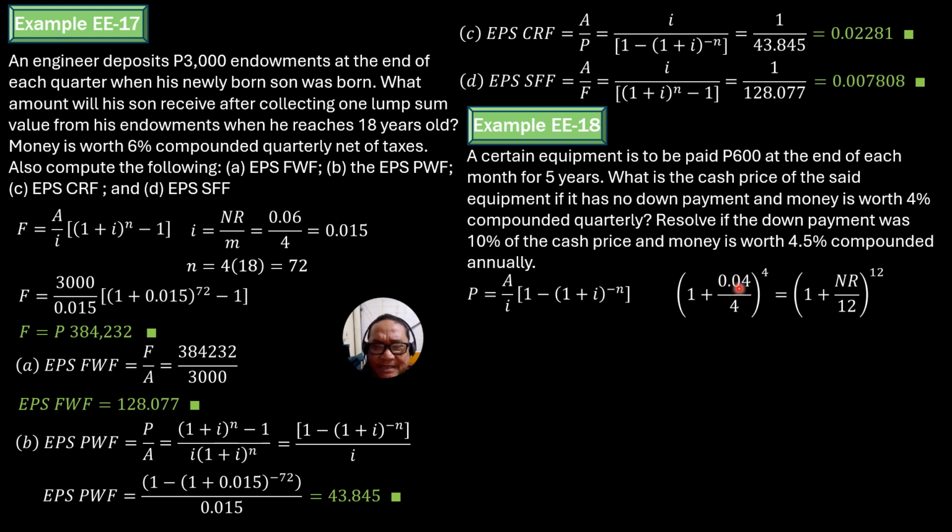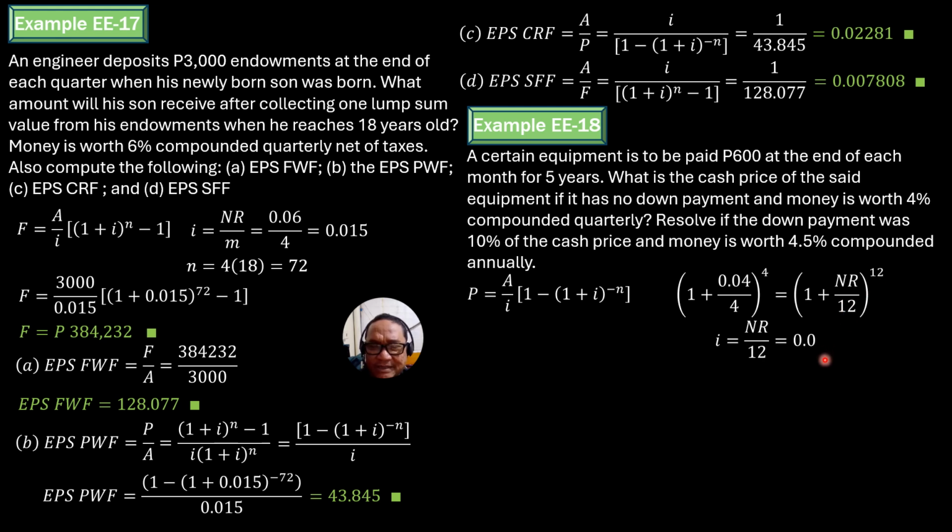So we equate effective rates for the two. So 1 plus 0.04 over 4 raised to 4, supposedly minus 1, but I'm not showing the -1, -1 also in the right side. Anyway, the two negative ones left and right will vanish in the equation. Then 1 plus NR over 12 for this monthly payment raised to 12.